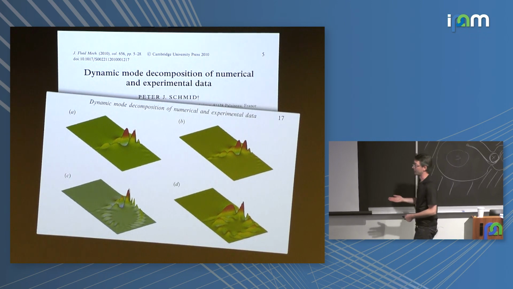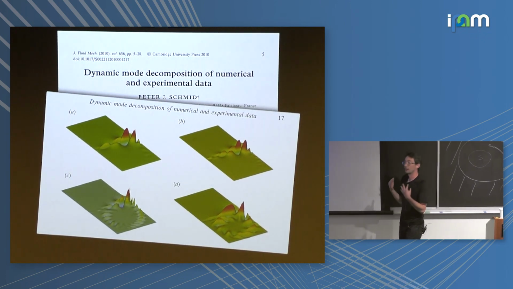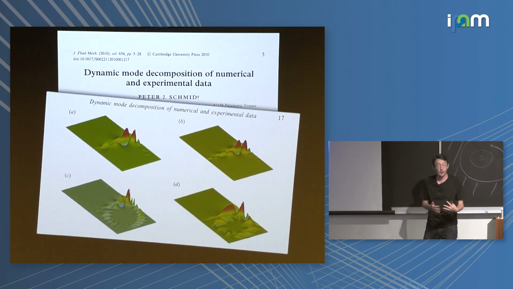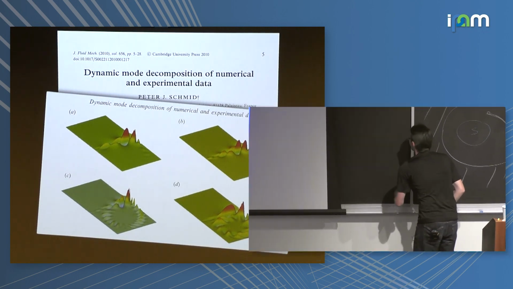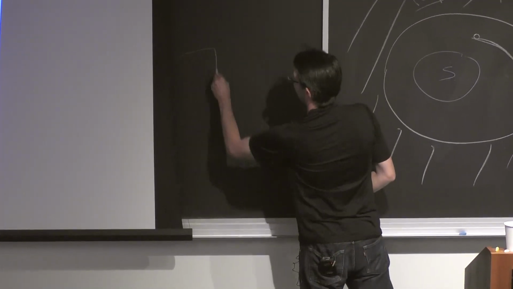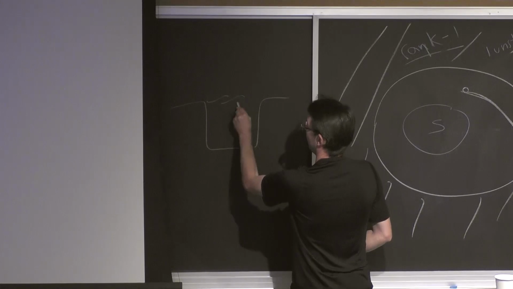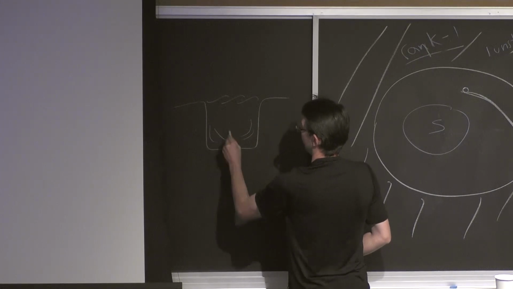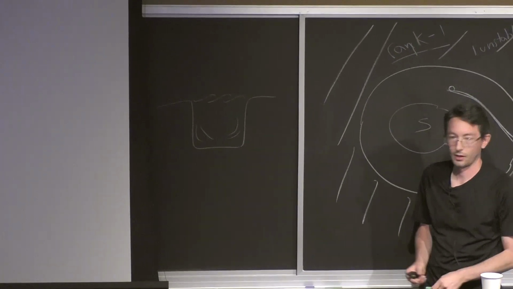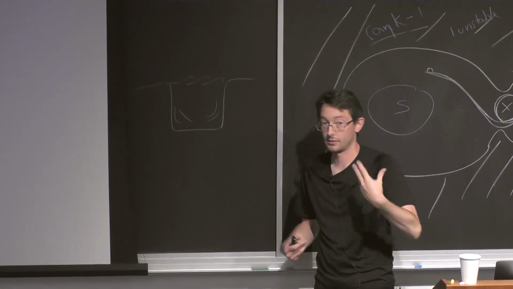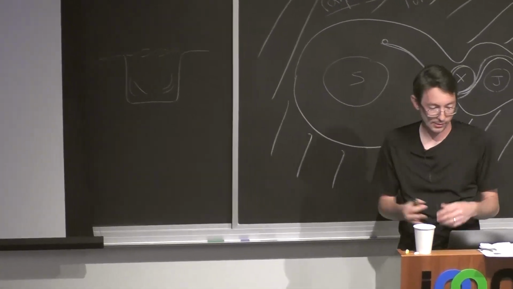He applied this dynamic mode decomposition to interesting canonical flows, complex flows that have dominant periodic or quasi-periodic structure, like flows over a cavity. It's a little hard to see here, but basically you just have a step and the flow is oscillating. It's kind of like a whistle. And this is a very periodic system. Also things like jets and other things.